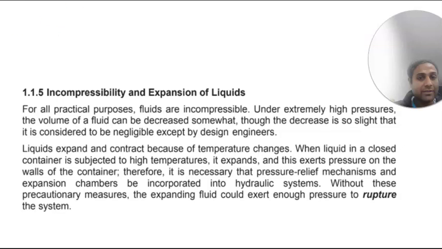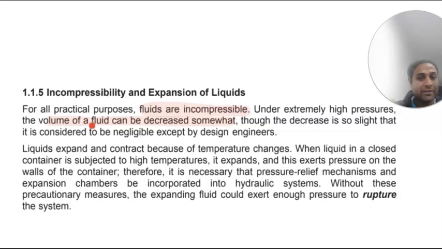Now, if something expands because of the temperature change, it exerts an extra pressure. So imagine the pressure you're putting in was 100 megapascal, but the pressure you're getting on the other side is 100.002 megapascal. This extra pressure is because the system thinks we have put extra liquid, extra fluid, into the system. We haven't.